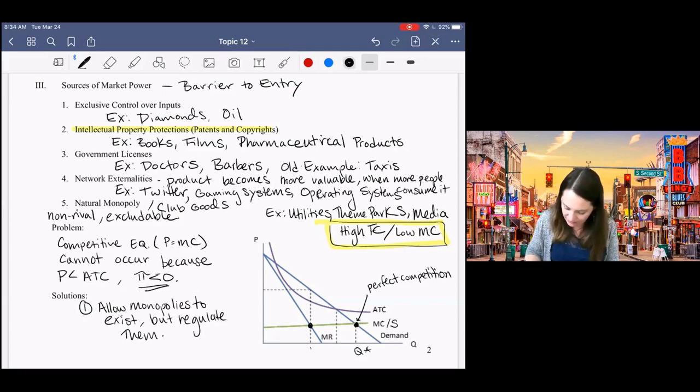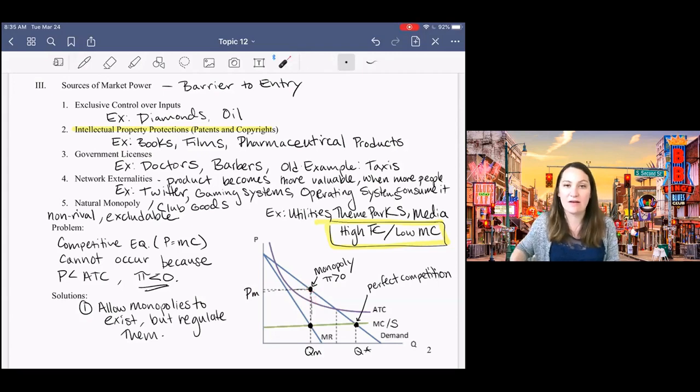Marginal revenue equals marginal cost. Increase the price. And this is our monopoly point here. Profits are positive. See, our price is higher than our average total cost curve. That's good. We got positive profits so the industry can exist.